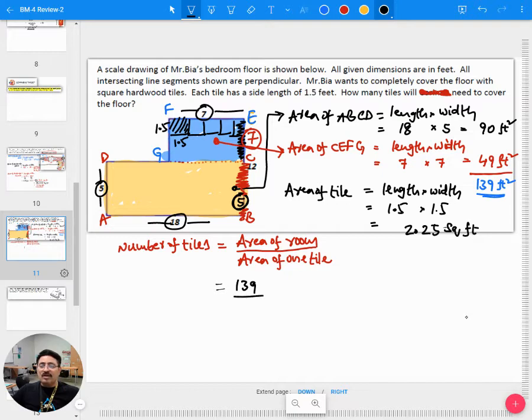The area of one tile is 2.25. So let me grab my calculator really quick. 139 divided by 2.25 is giving me 61.77.